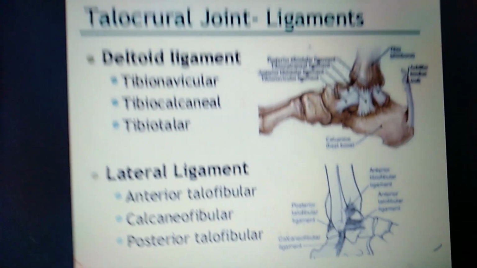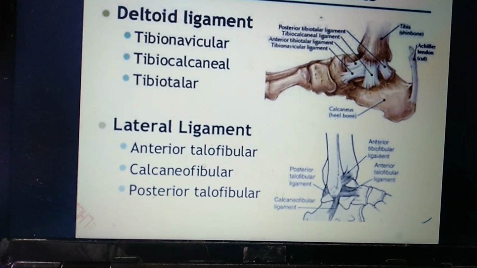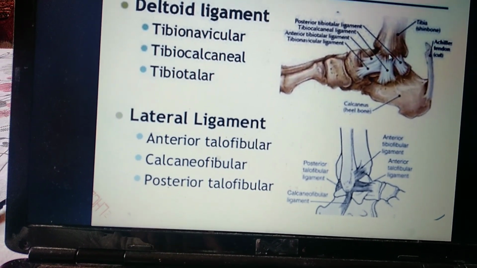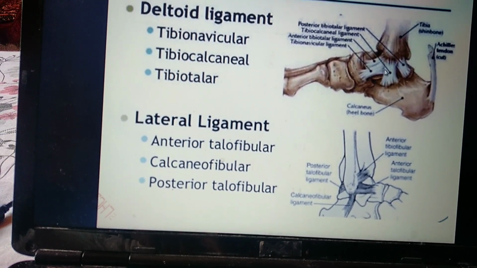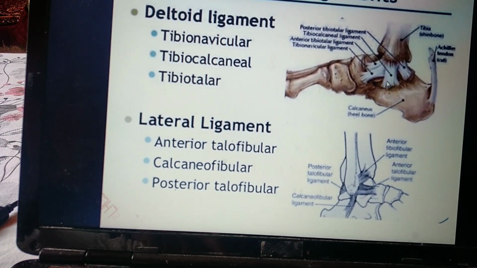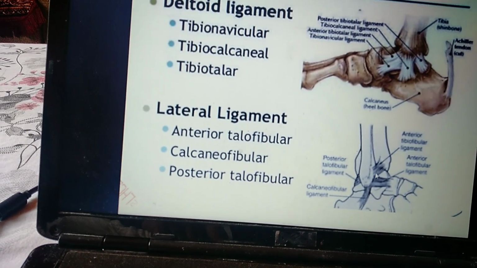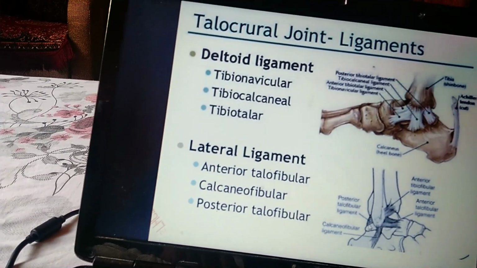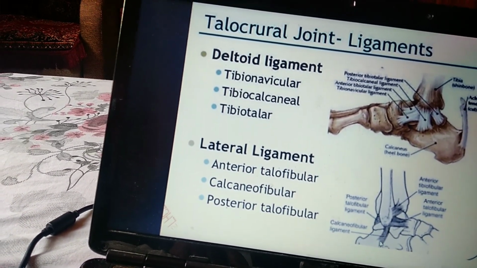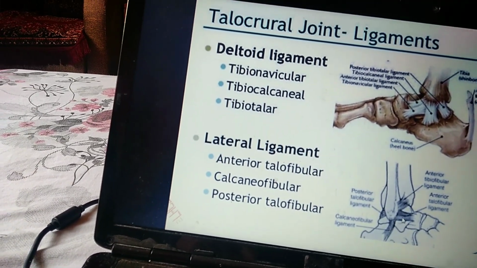Now we are discussing the joint between the lower end of the tibia and fibula and the talus, but these ligaments go till the navicular and the calcaneum. Calcaneofibular, that means it is going to the calcaneum, and it is going to the talus.